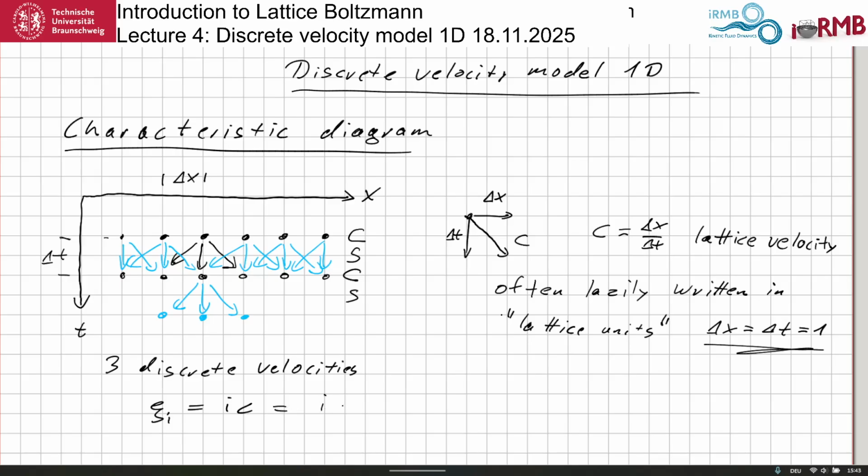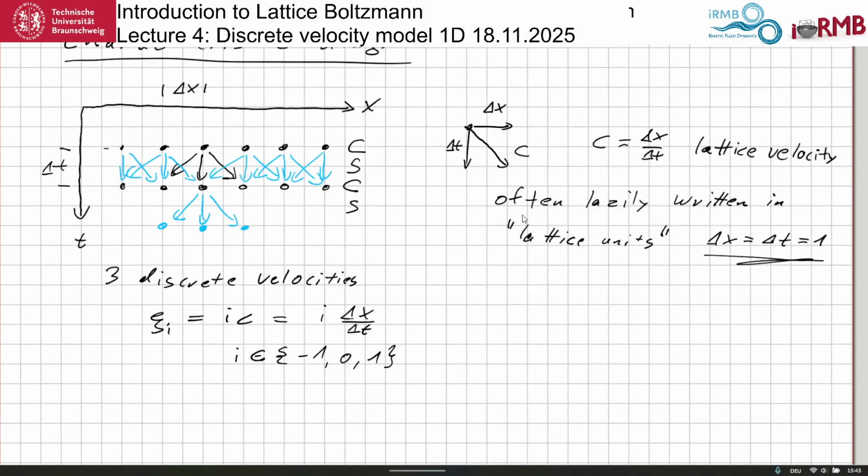So it's basically what I just said. And i, in that specific case, is taken from the set -1, 0, and 1, meaning 3 velocities. So CS. S is the streaming.